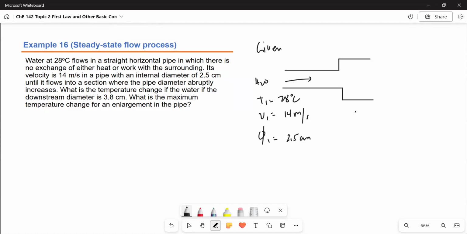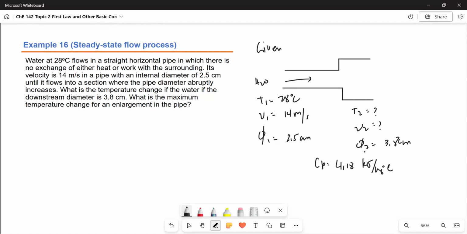And then for T2, we don't know that. V2, we don't know. D2, we know, 3.8 cm. CP is not given, but we can use 4.18, the usual for water from the literature.